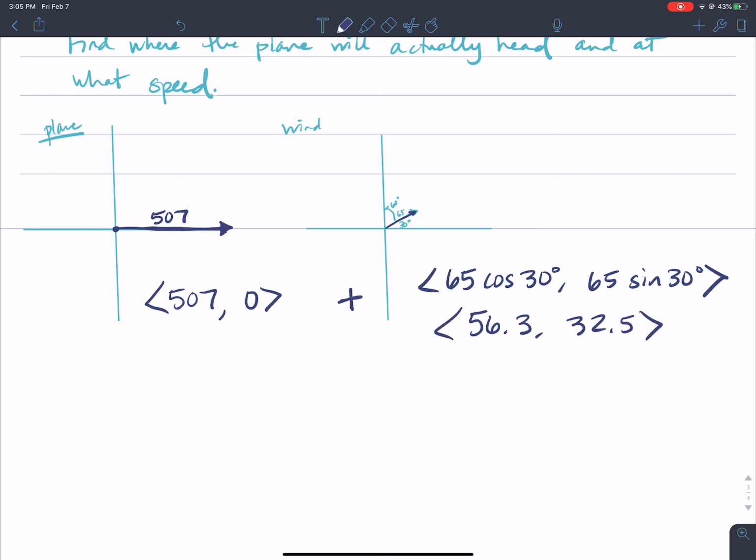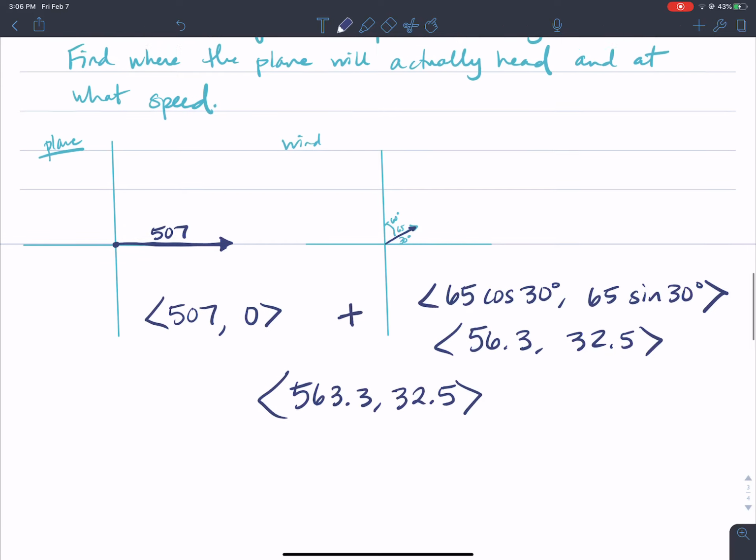All right, and then we're going to add the two together. Oh, now you could probably hear people talking in my house. Okay, so add together and we get 563.3 and 32.5. So this is where the plane is actually heading.